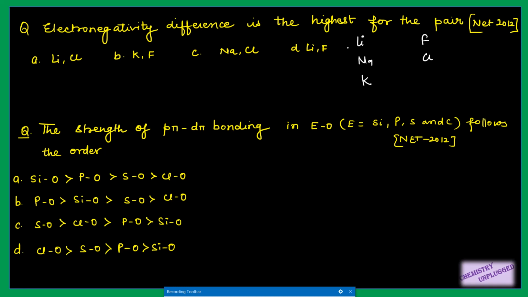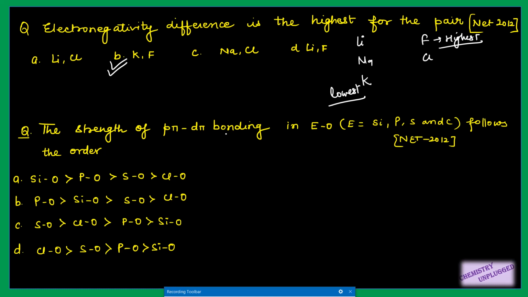So electronegativity decreases down the group. So potassium should have the lowest electronegativity, and it increases from left to right and decreases down the group, so fluorine should have the highest. So if we have a pair of potassium and fluorine, it will have the highest difference, means option number B will be correct.